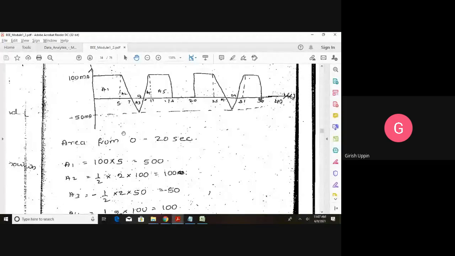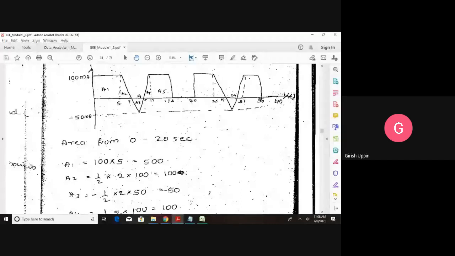When you are calculating A3, it is on the negative side, the height is minus 50. Half, and 9 minus 7 is 2, so this width is 2. Half into minus 50 into 2, that is minus half into 2 into 50. We get minus 50. Then this area A4, this is 11, 11 minus 9, so the base is 2 seconds and the height is 100 milliamperes, a positive value.